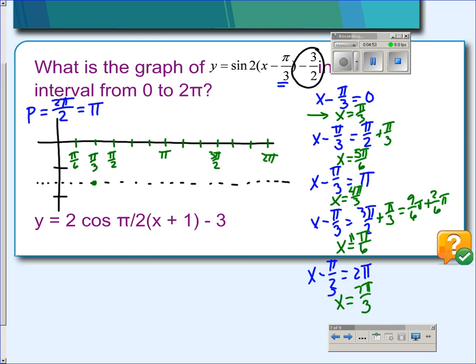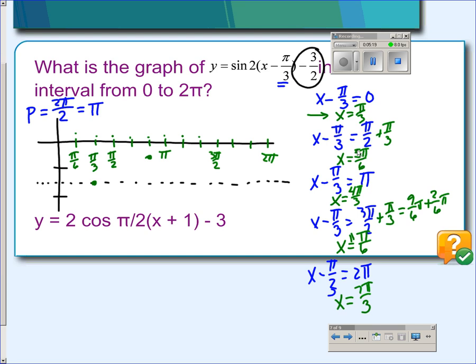1 sixth, 2 sixths, 3 sixths, 4 sixths, 5 sixths. At 5 pi sixths, we will be at a maximum of 1 unit above equilibrium, so that gives us negative a half. At 4 pi thirds, if this is 6 sixths, 1, and this is 1 sixth, 2 sixths is 1 third, so 1 and 1 third.